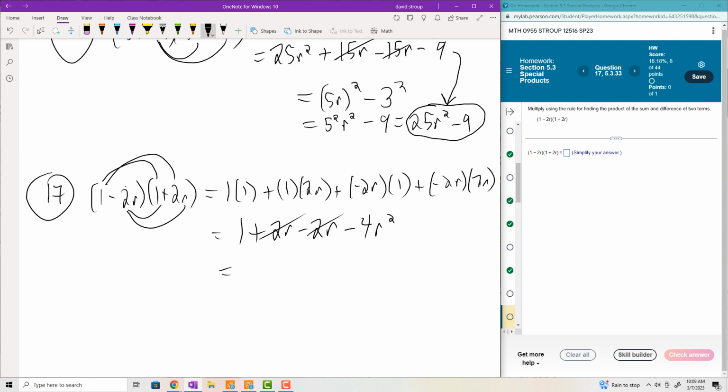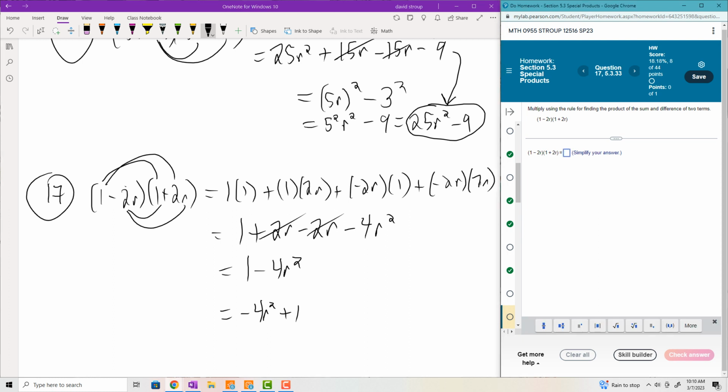Goodbye, goodbye: 1 minus 4r squared. For descending order, you need negative 4r squared plus 1, but in this case, it's not specifying whether you need that, so you can just go 1 minus 4r squared or vice versa. It won't matter.